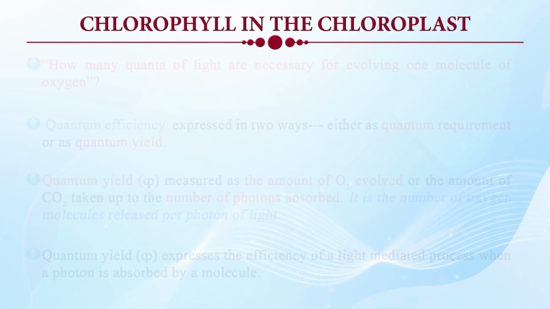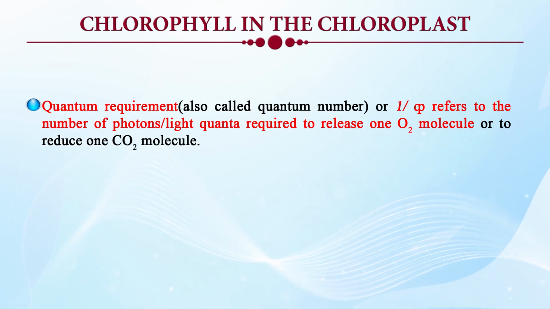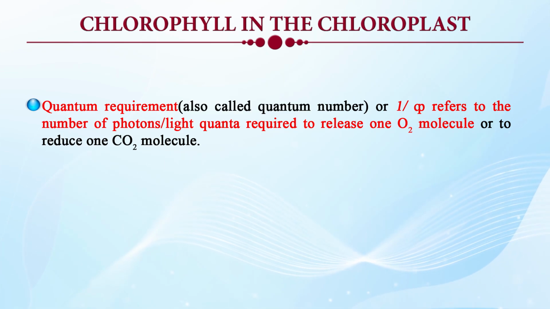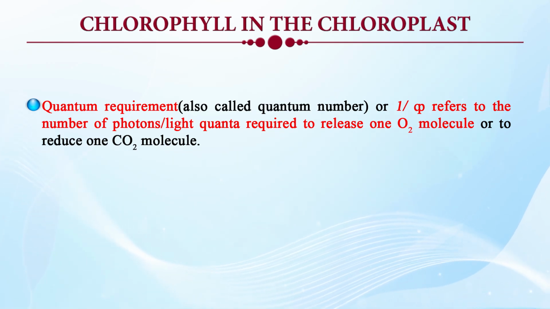On the other hand, there is another term called quantum requirement, which is the quantum number and which is 1 by phi. So, now the statement reverses. It refers to the number of photons or light quanta which are required to release one oxygen molecule or, alternatively, to reduce one CO2 molecule.